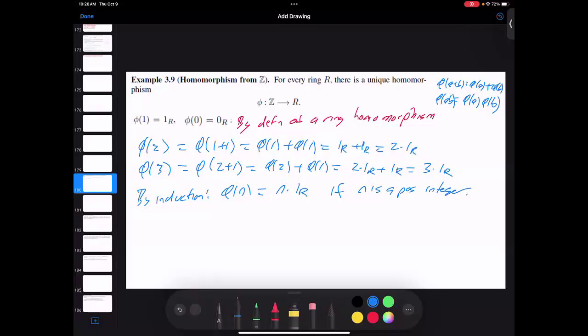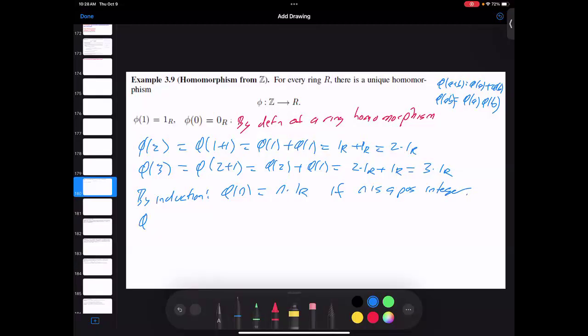So I need to figure out how do I handle the negative integers. Well, if I could just do -1, I could probably be okay. Because then I can maybe induct in the other direction. So how do you think I can start getting negatives?